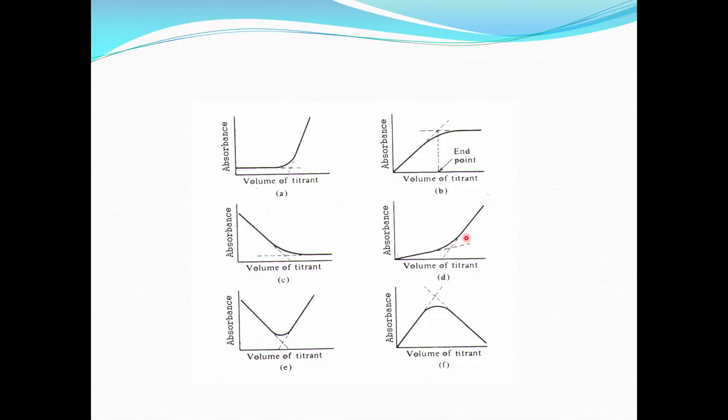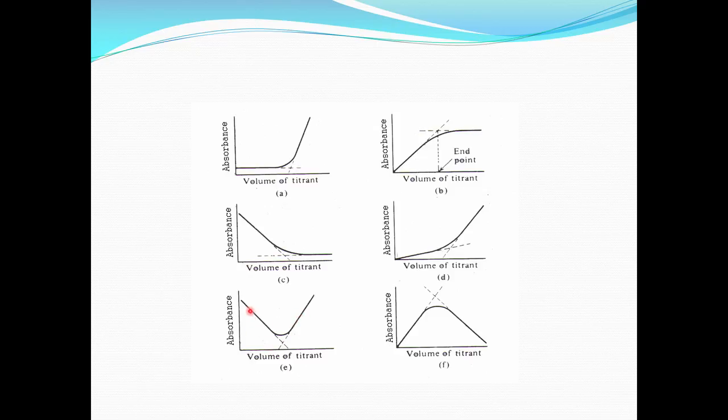But here you can imagine that the absorbance remains the same, that means both complexes are of the same color. If both complexes are of the same color, you will end up with a curve something like this. Now, imagine I have two complexes, one is a colored complex, but after reacting with a reagent, it is forming one more complex whose lambda max is different.